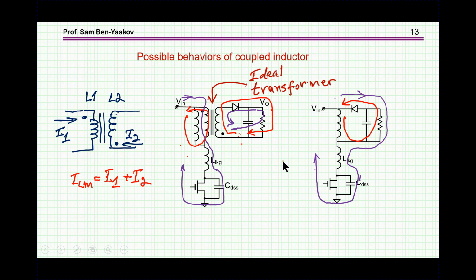Let's have a look at a little more complex situation, which we are going to meet very shortly. And this is this situation. On the one hand, we have this major inductance of the coupled inductor discharging into the secondary. Here we have the current going into the transformer, and this is the red one, due to this current coming out here. But at the same time, we have a current going this way.